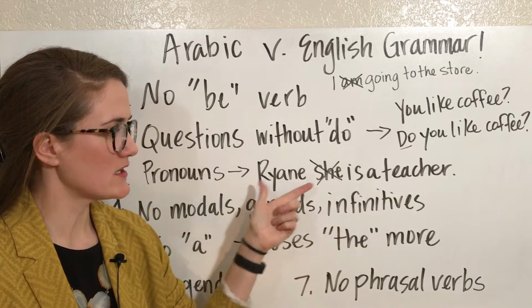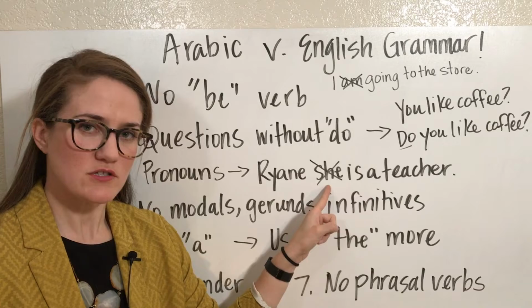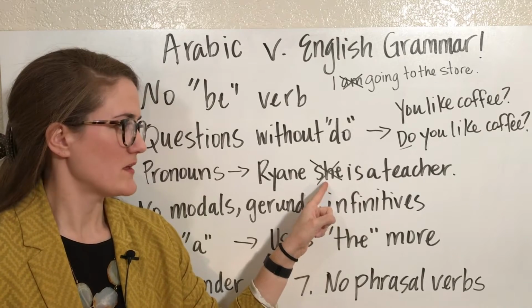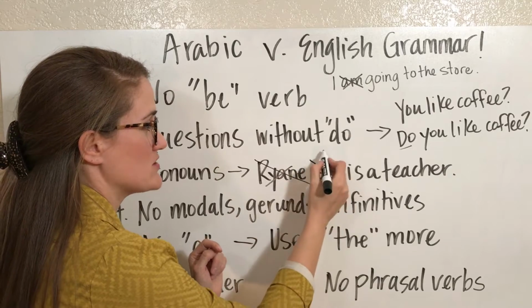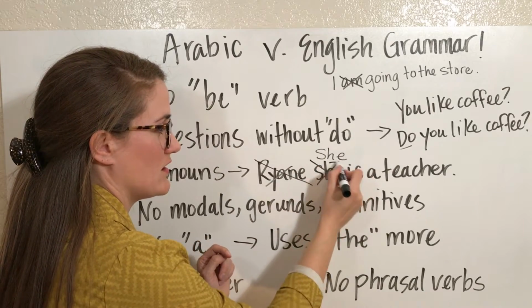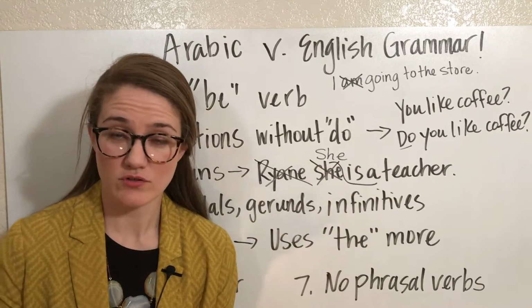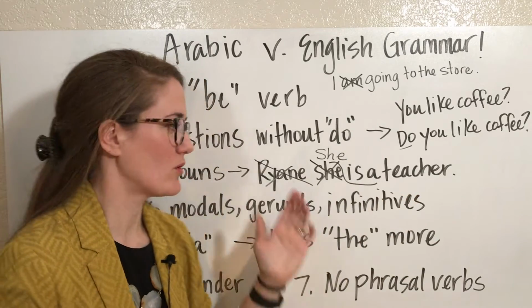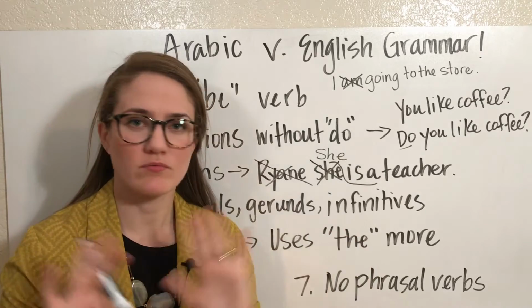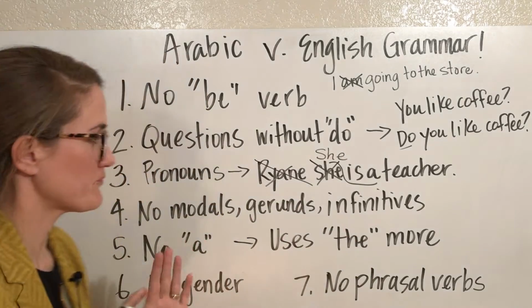We can just say, Ryan is a teacher. Actually, this is wrong in English. We can delete Ryan and just say, she is a teacher. If you don't know my name, you can say, she's a teacher. Or Ryan is a teacher, but not Ryan, she is a teacher.